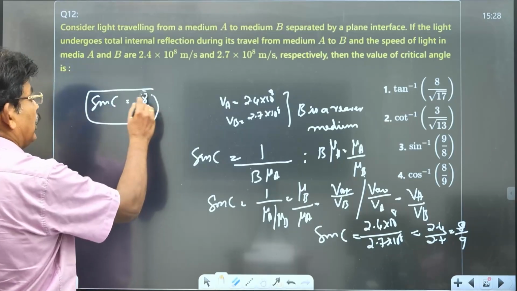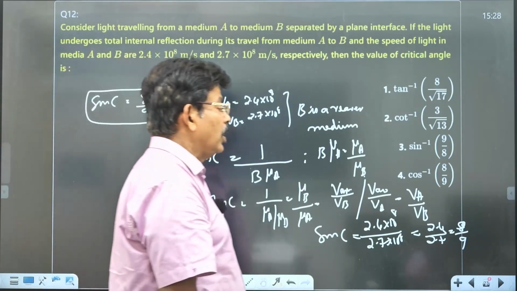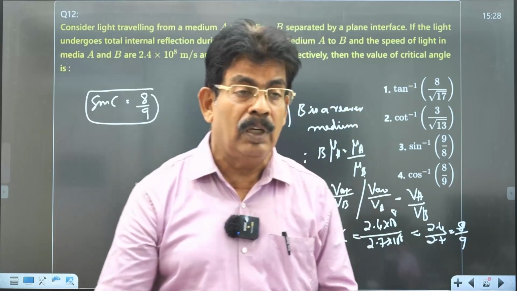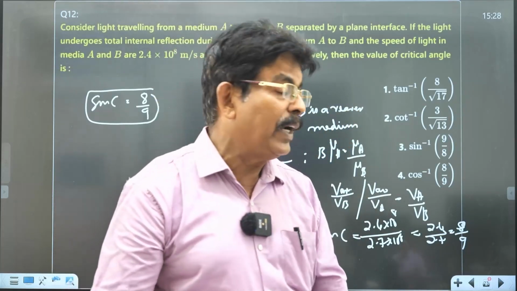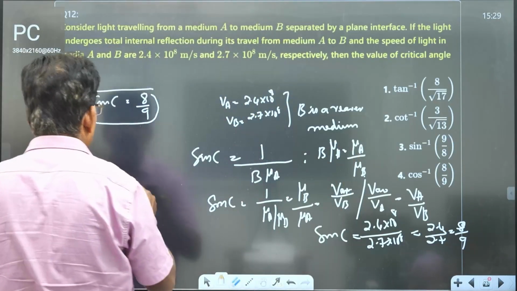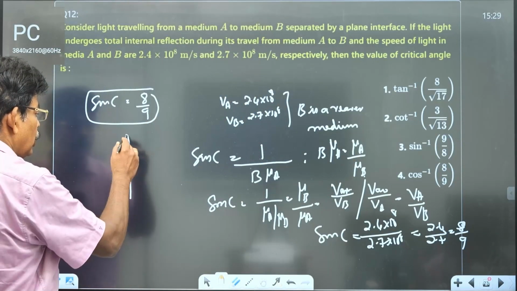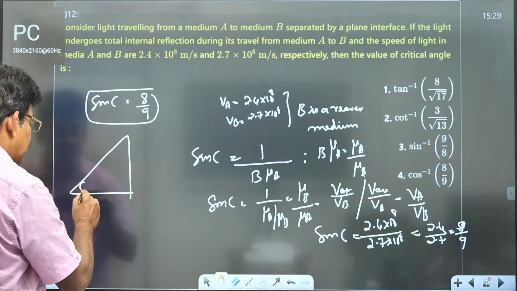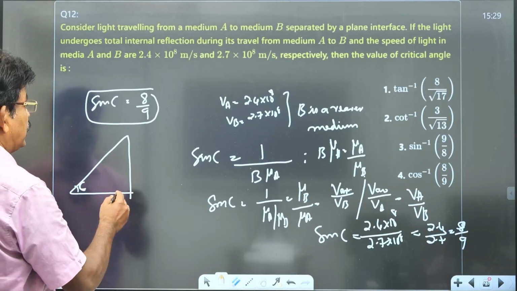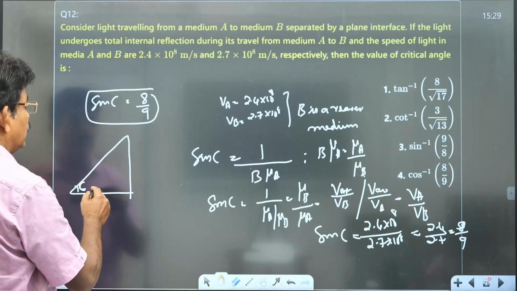Now look into the options, whether any answer is coming. Sin inverse 9 by 8 is there, but that is not possible. We want sin C equal to 8 by 9, so we have to look into other options. Let us find other angles. Let us mark C here. Sin C is opposite side by hypotenuse.